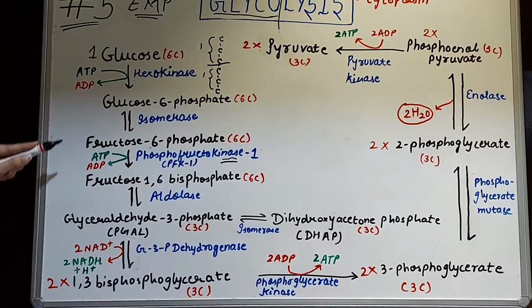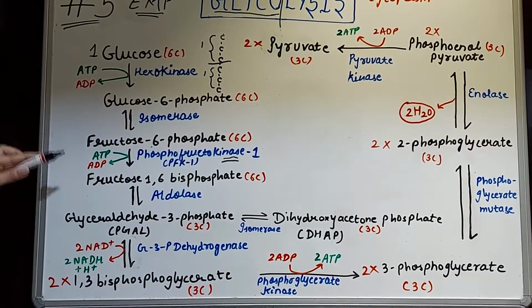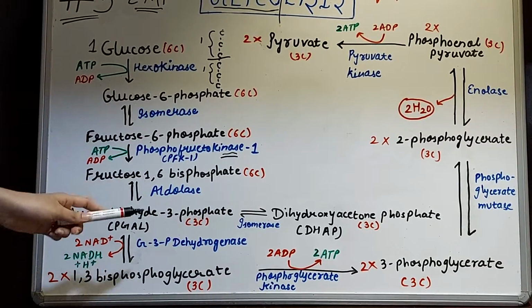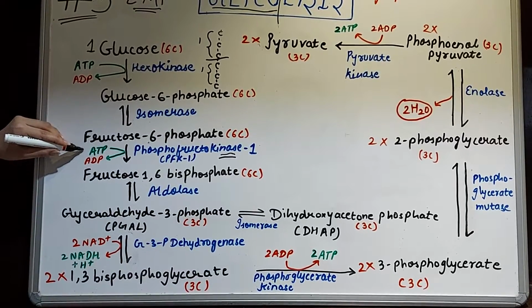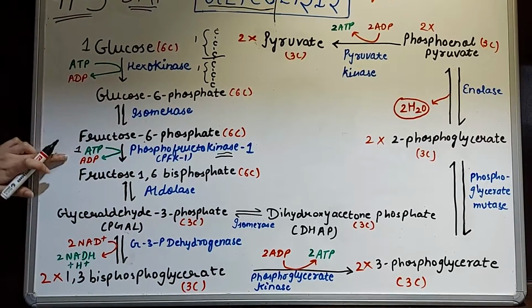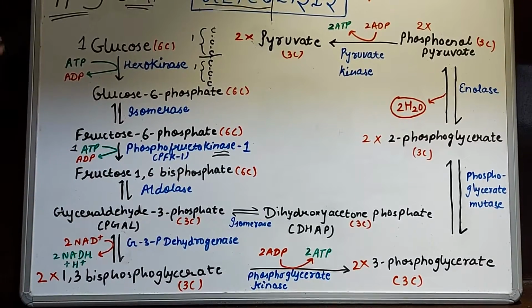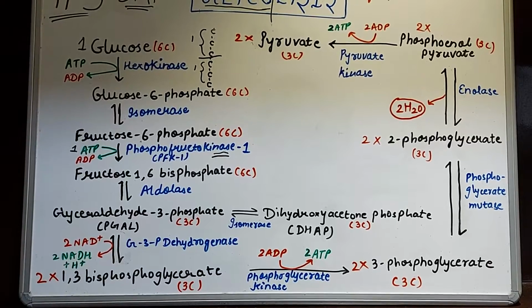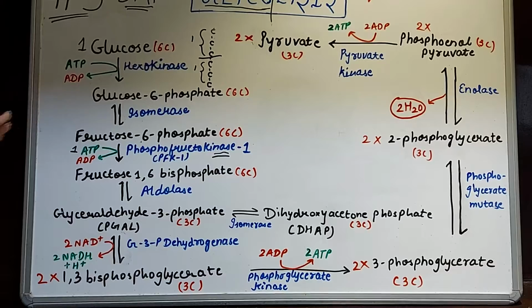Now phosphate has also been added to the 1st carbon of the fructose. So the name is fructose 1,6 bisphosphate. Here again note that one ATP molecule, or we can say energy, is utilized. ATP is converted to ADP. So till here we have seen that energy is only utilized, not generated.